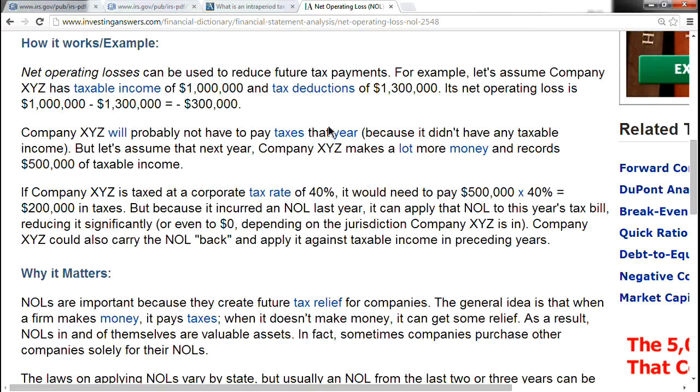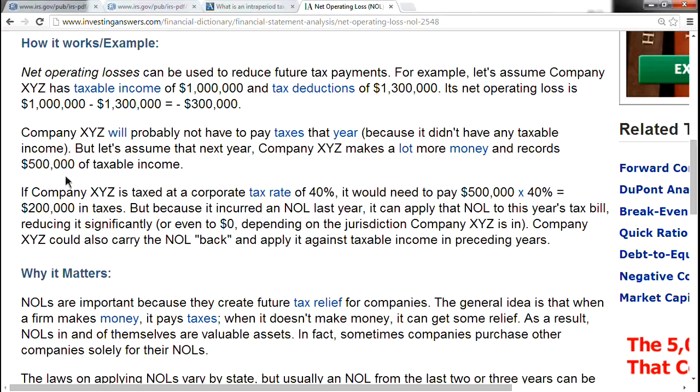You have the loss, and a loss times whatever tax rate we want to use, possibly 40%, is nothing. It's zero, okay? But let's assume, as it states here in the second sentence, that company XYZ makes a lot more money and records $500,000 of taxable income, right? So remember, we have a loss here of $300,000.